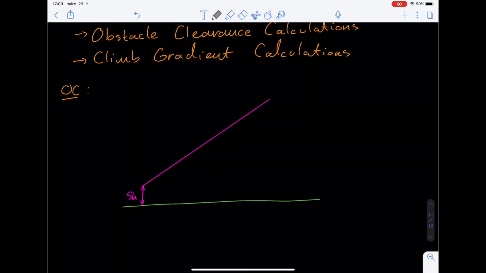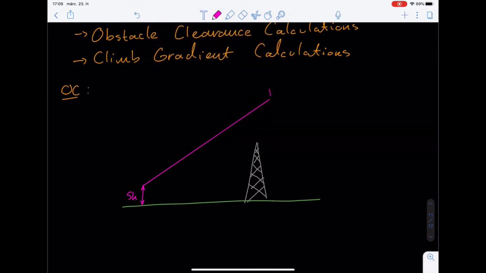Generally speaking, we're going to have some significant obstacles in our takeoff flight path. Usually this is how we denote it. This can be a radio tower, mountain, any terrain. So basically any man-made or natural obstacle on the takeoff flight path.